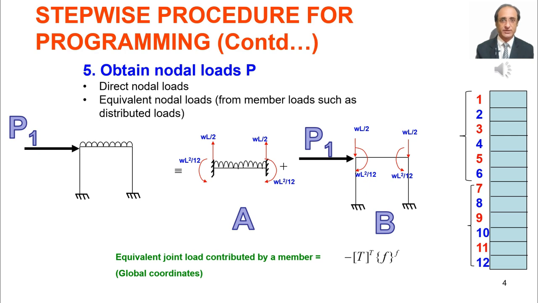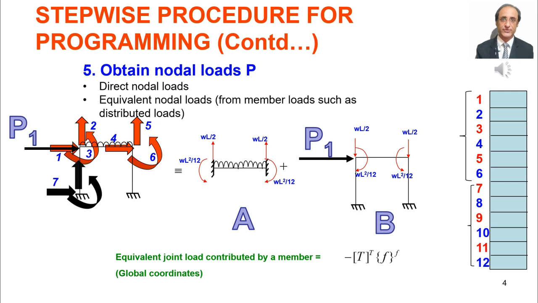So what we do is number the joints and the corresponding degrees of freedom. We have numbered here the degrees of freedom beginning with 1, 2, 3, 4, 5, 6, which are the unrestrained joints, and then we come to the restrained joints, so 7, 8, 9, 10, 11, 12. Here the degrees of freedom associated with the restrained joints are shown in black color.